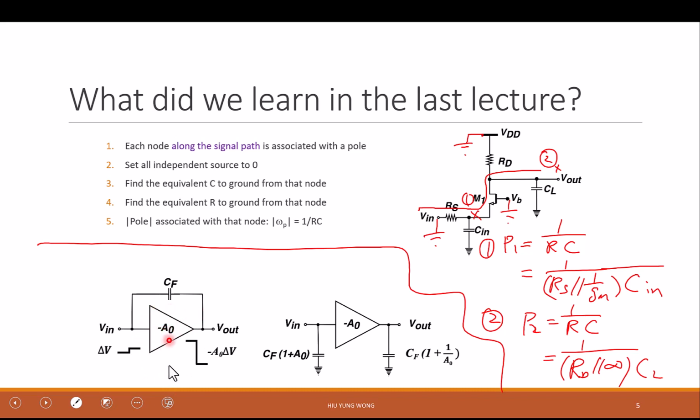It's still an amplifier, but I have a capacitor connecting from Vin to Vout. It can be from any place to any place, but both terminals are not connected to ground. Then in order to find this, what did we do? We used the so-called Miller theorem.